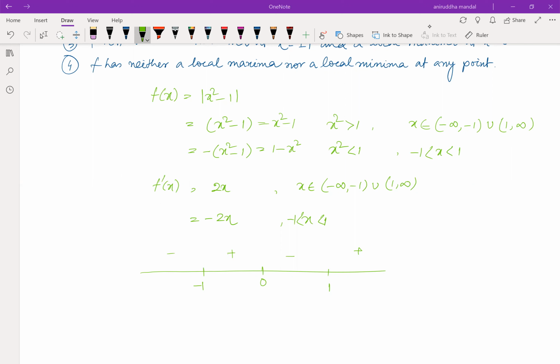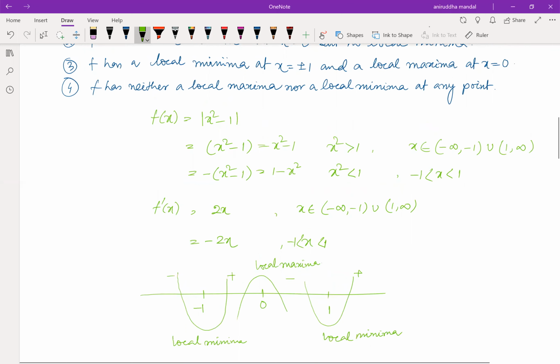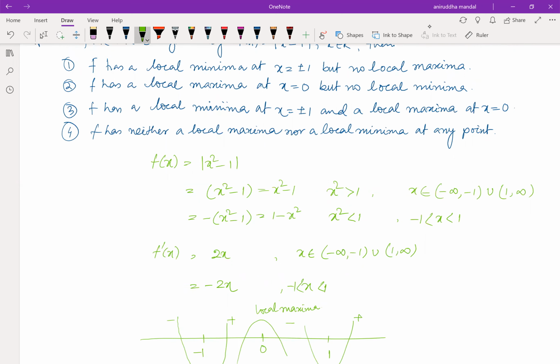So f dash x goes from negative to positive, then positive to negative, and again negative to positive. This means at points minus 1 and 1 there are two local minima, and at point 0 there is a local maxima. So the answer is local minima at x equals plus and minus 1 and a local maxima at x equal to 0.